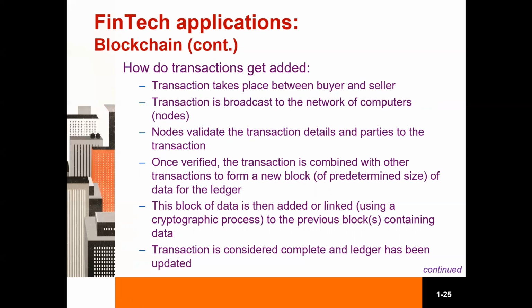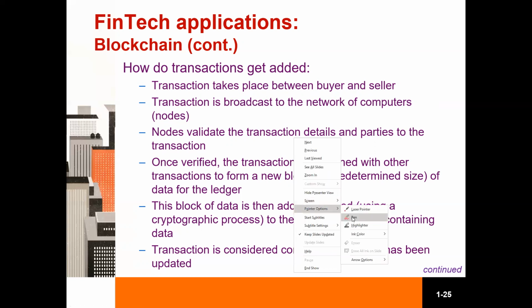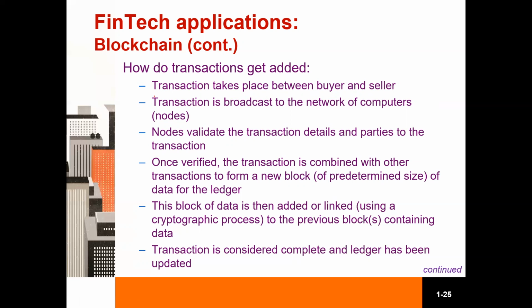Several steps are involved in adding a transaction to a blockchain distributed ledger, and you can see these steps. For example, the first one is a transaction takes place between a buyer and seller, and then the transaction is broadcast to the network of computers, and nodes validate the transaction details and the parties involved in the transaction.